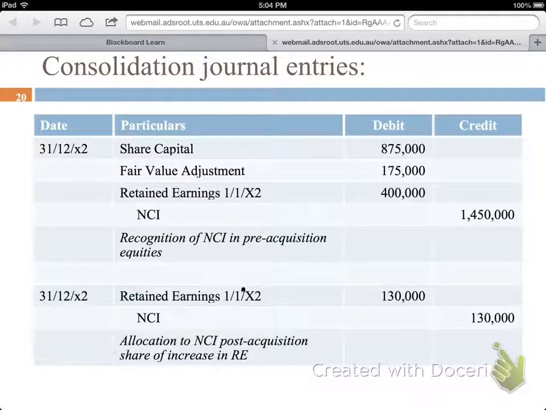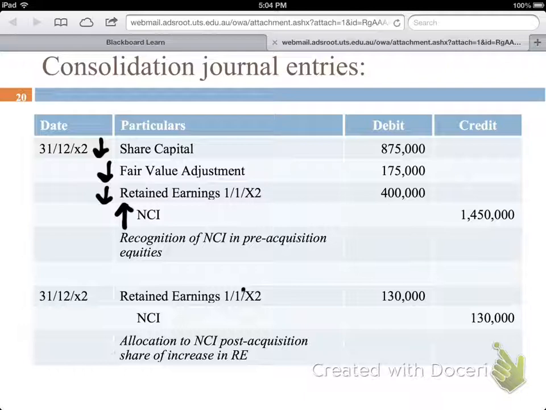Note that non-controlling interest is an equity account, so we're going to credit non-controlling interest if we want to increase it. So we're going to allocate 25% of pre-acquisition equity to the non-controlling interest. We're decreasing this pre-acquisition equity and transferring it to the non-controlling interest using a credit. So 25% of each of these equity accounts has now been included in the non-controlling interest.